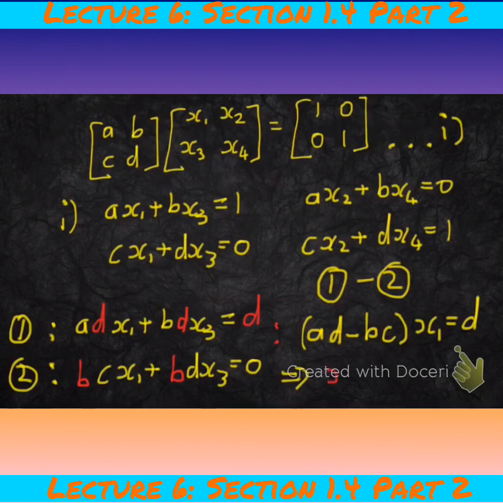So I can solve for x1 as D divided by this non-zero term, which is AD minus BC. Okay, so I'm allowed to do that.